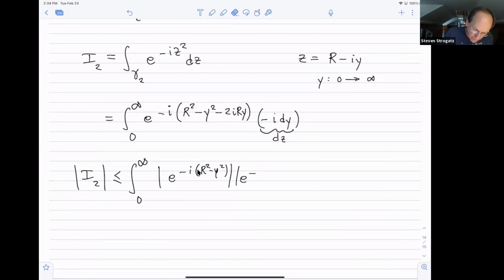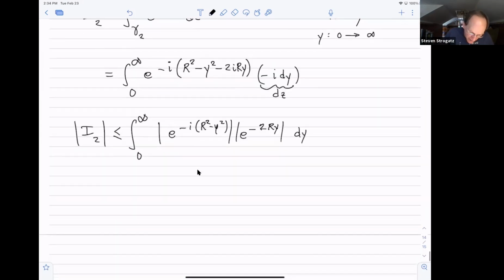Minus 2ry. The magnitude of i is just 1, so dy. So that's a bound. And actually, this thing lives on the unit circle. This is e to the minus i times something real. So this has a magnitude of 1, which is all I'm interested in, its magnitude.